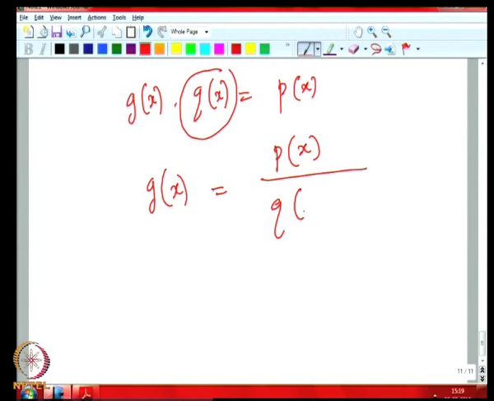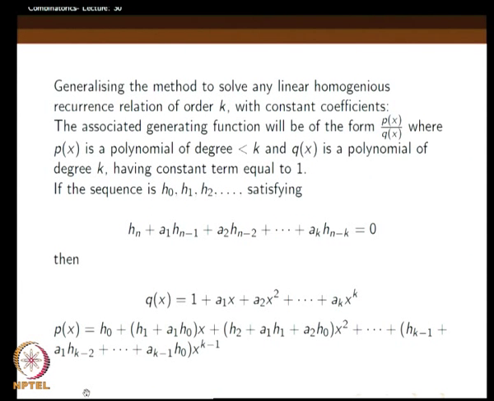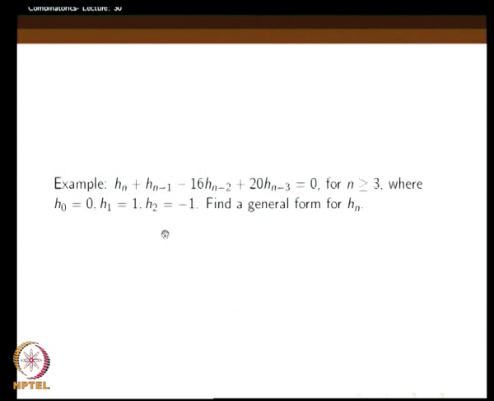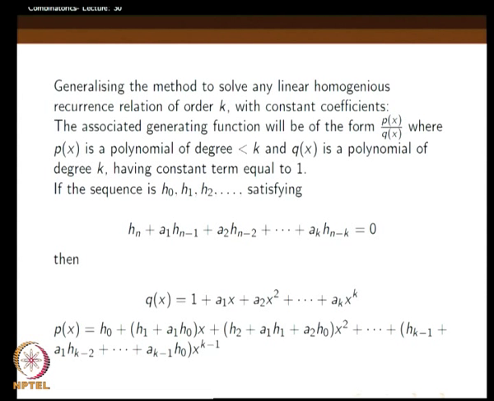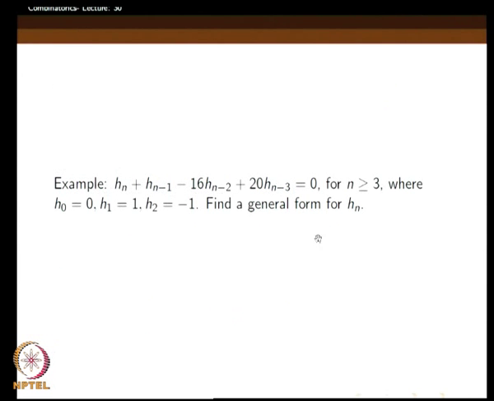Now, for clarity, I can show the q of x and p of x here. So, q of x will look like this: q of x equal to 1 plus a1 x, this a1 is directly coming from this, and this a2 x square, that a2 is directly coming from here, and then a k x raised to k, this is coming from here.